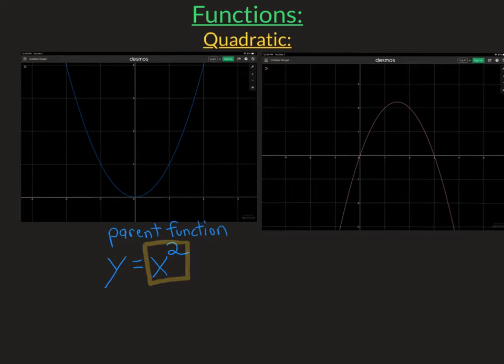Quadratics is that the x isn't just a single power like it is with linear. It's squared, and anytime you graph, if you go to Desmos, that's where all these graphs are from I'm using today, or you were just going to use a t-chart and plug in some values, any number you take for x and square it, they're going to graph into this curving upward U shape, and that's going to be our quadratic function. Okay, so that's our basic parent function, and that's the shape.